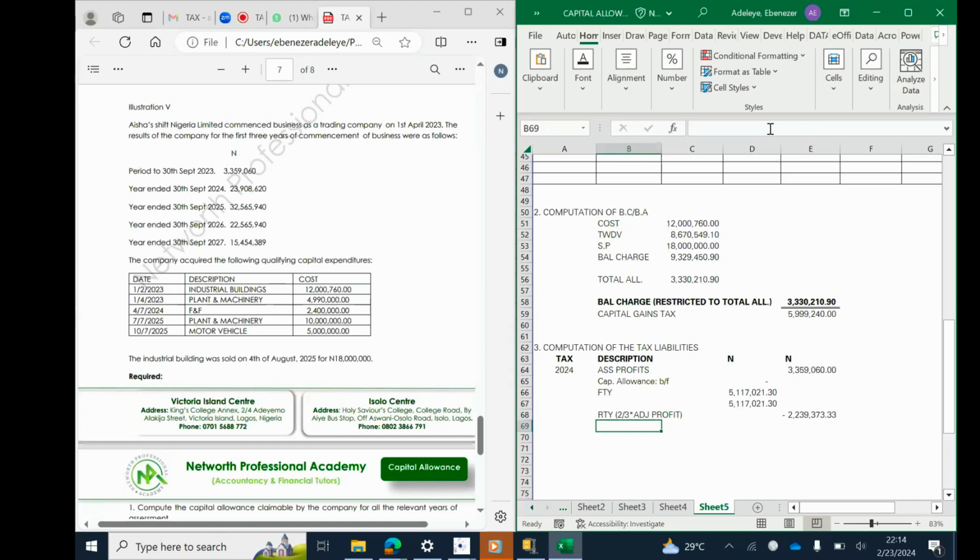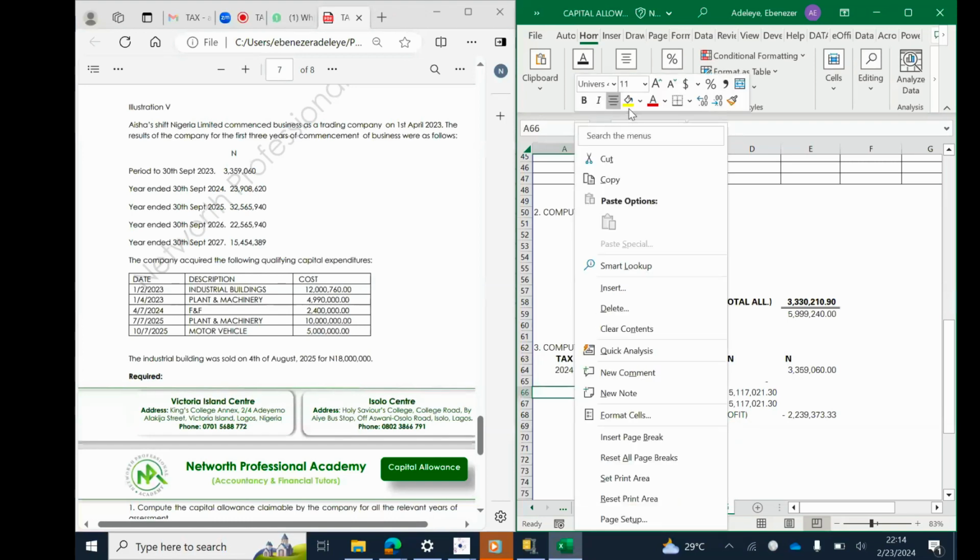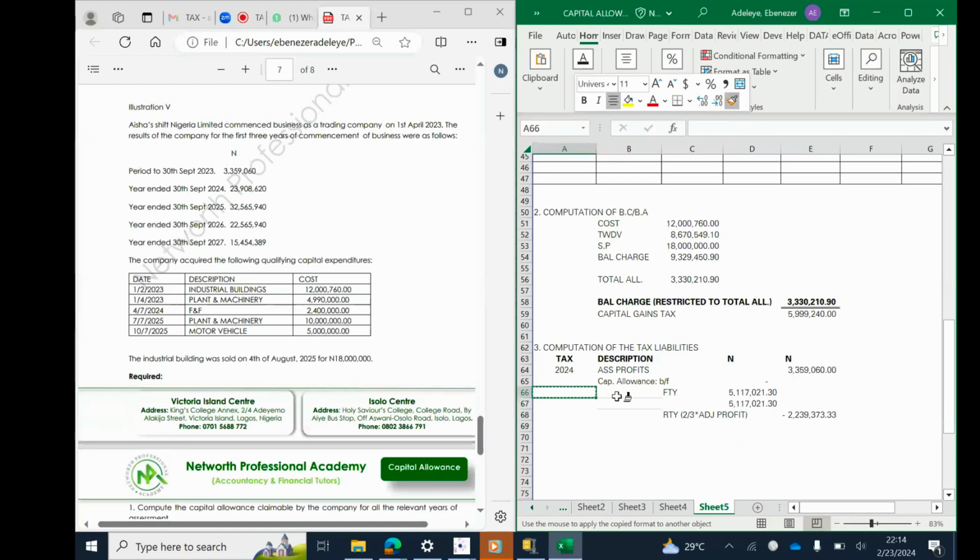Are you asking any question? You know what? To show that all of these ones are for capital allowance, let's put them here. Is it just 2/3 or 2/3%, please? Okay, I'm coming. I'll explain that. It is 2 over 3 or 66 2 over 3%.